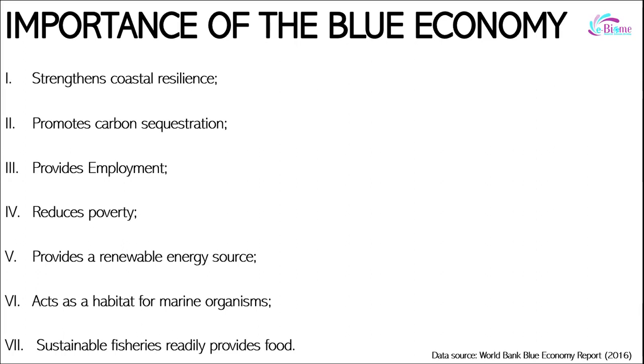And so a lot of small island developing states and a lot of countries around the world are trying to bulk up on the various adaptation approaches used to maintain these ecosystems in order to continue this trend of carbon sequestration. It provides employment through a wide array of sectors as was previously discussed.